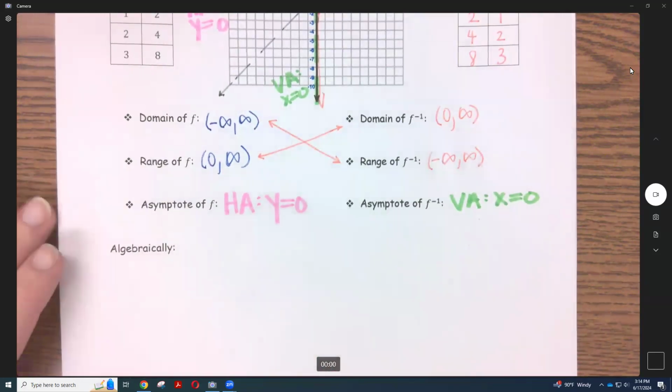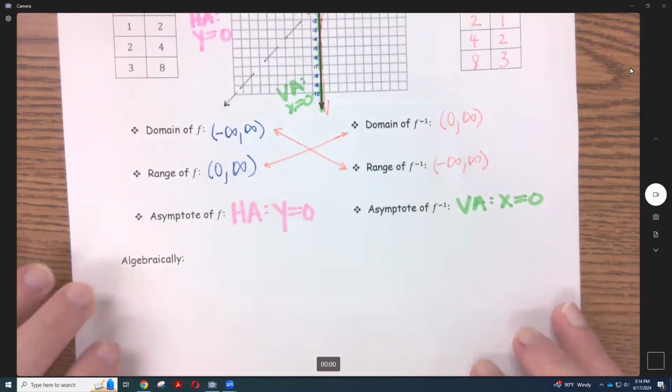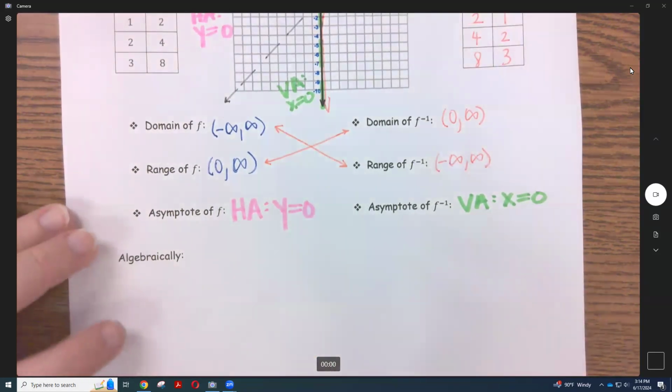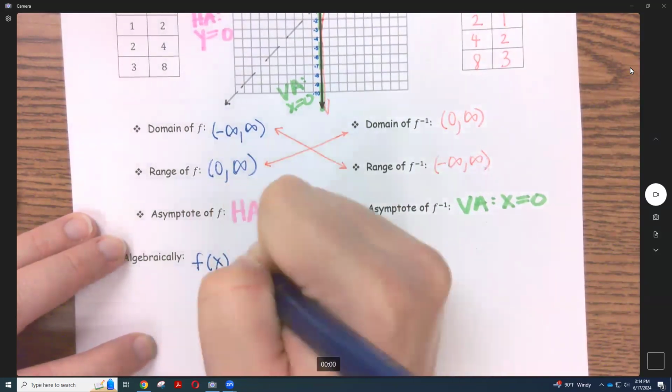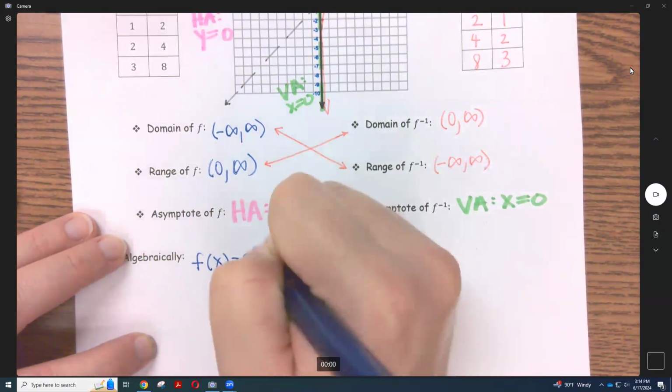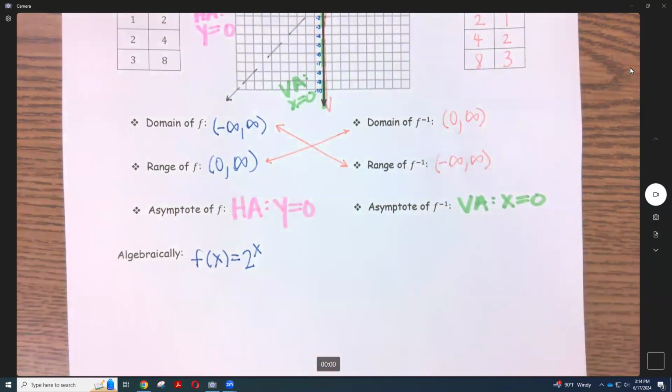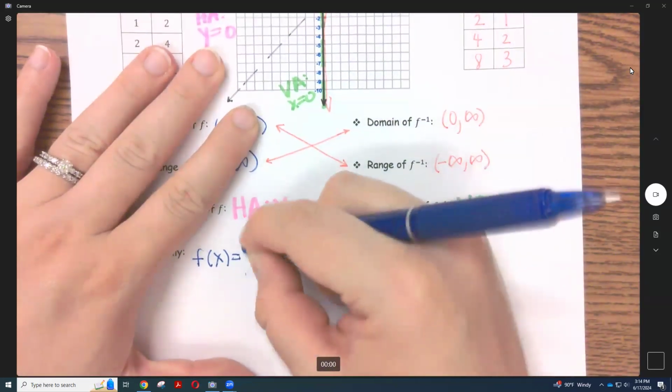So let's find it. To find it, we take our function and we follow our steps to find inverses.